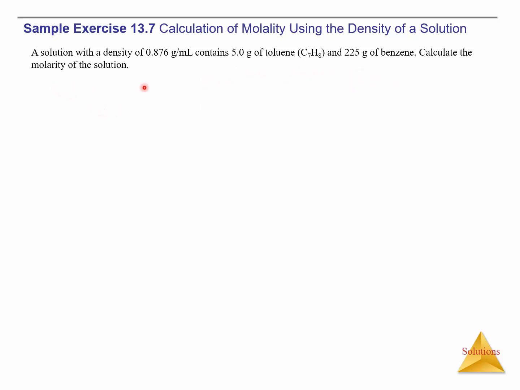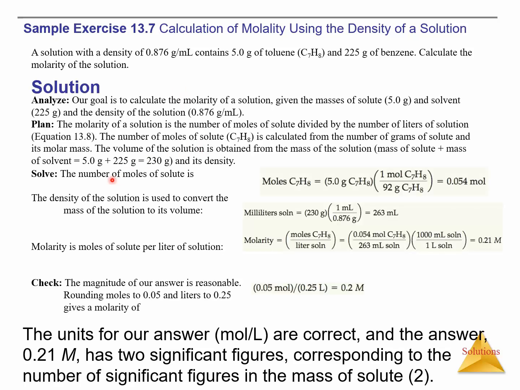Calculate the molarity of the solution. So this is the plan. First we find the number of moles of solute here, 5 divided by 92, the molar mass of toluene. This is moles of toluene, 0.054 mole.